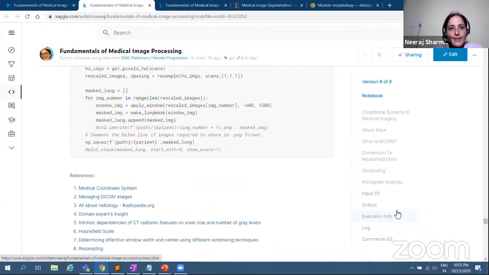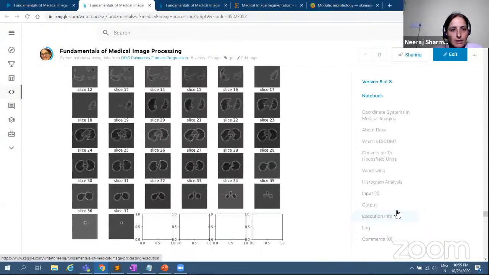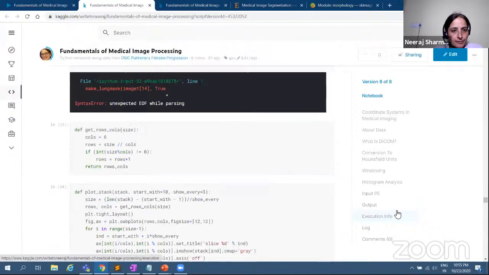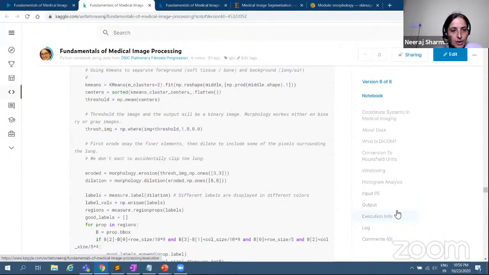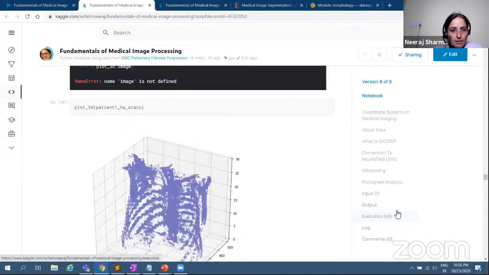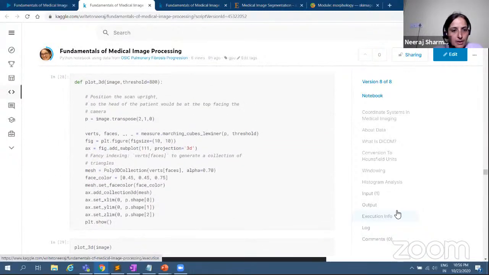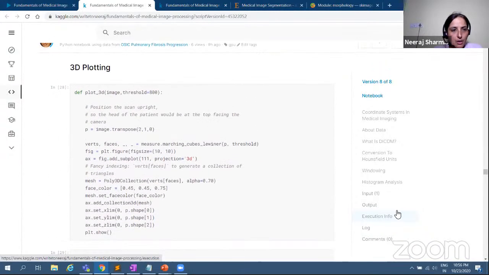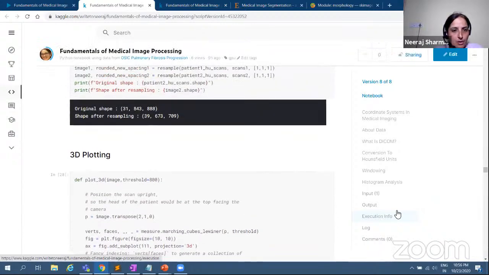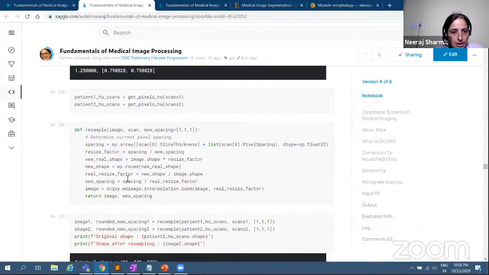Yes, because we have resized it. See here. We multiply the whole image shape with the resize factor, so accordingly new slices also got introduced. The resize factor is made of 3 values, which come from the slice thickness and pixel spacing.